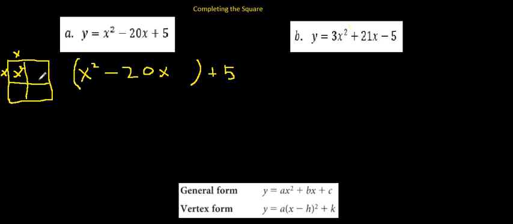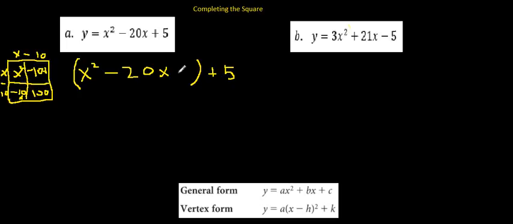And then in these two boxes of the square, we want to put half of minus 20, so it would be a minus 10x, and this would be a minus 10x as well. And so we know that we have to put 10 here and minus 10 here. And so a minus 10 times a minus 10 is going to be 100. So we know we want to add 100 here.